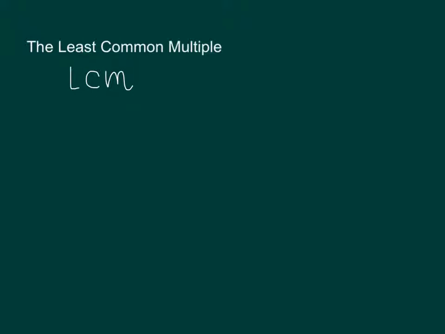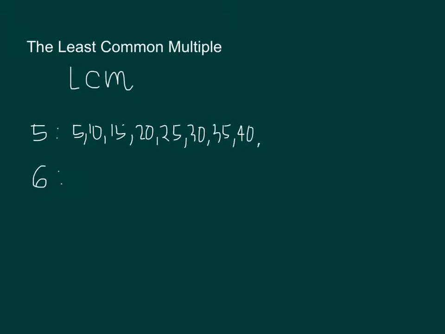Now, if I have two numbers 5 and 6, the multiples of 5 are 5, 10, 15, 20, 25, 30, 35, 40, 45, 50, 55, 60, 65, 70.